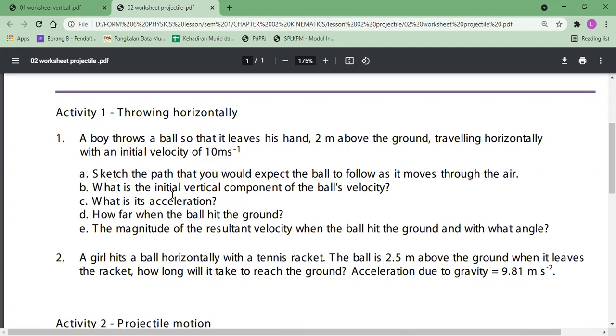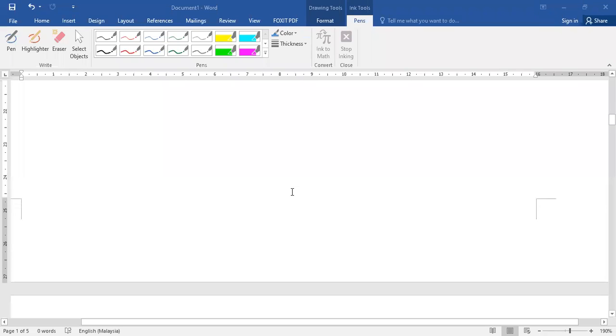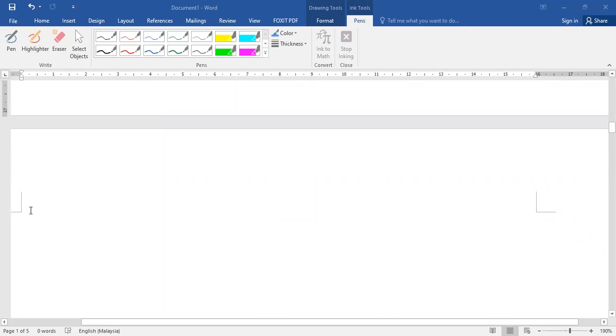First, sketch the path that you would expect the ball to follow as it moves through the air. So that means for the first question, once we throw, it will move in a curved path. For question 1, how is the path?